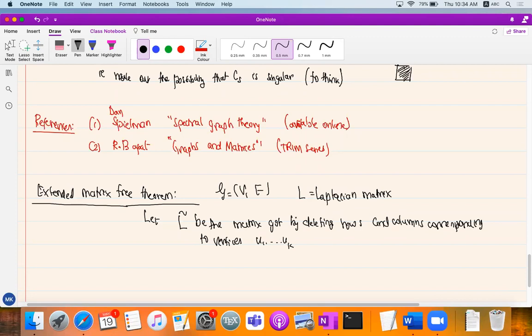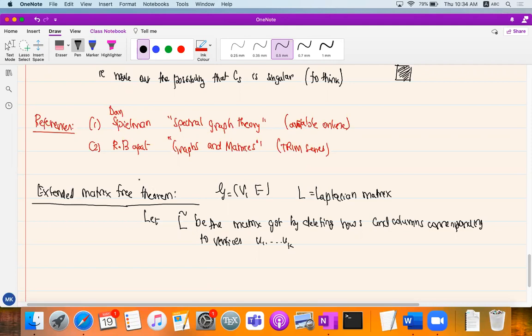Suppose I take the L matrix, but now I don't just delete one row, one column. I take, let's say, the last three vertices and the last three rows, last three columns. So you delete the same rows and same columns here. You delete the last three rows and last three columns. So these U1, U2, U3 are the last three vertices there.